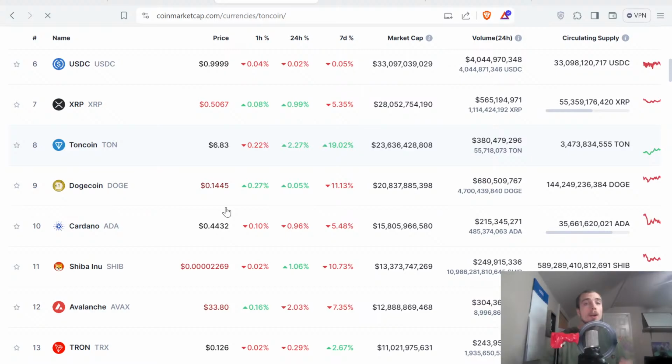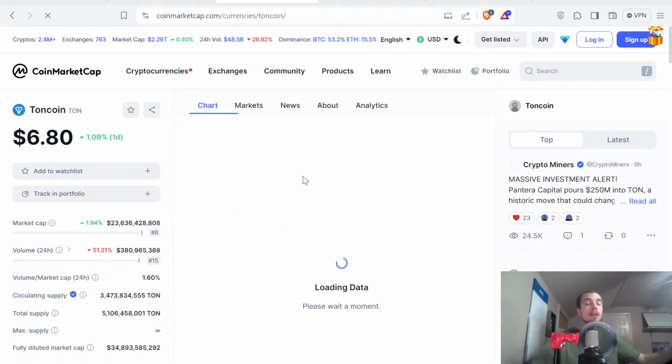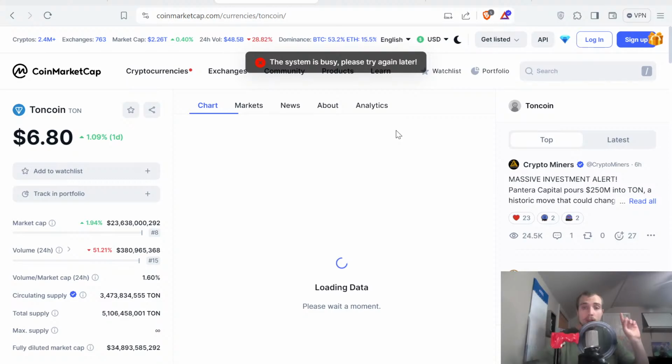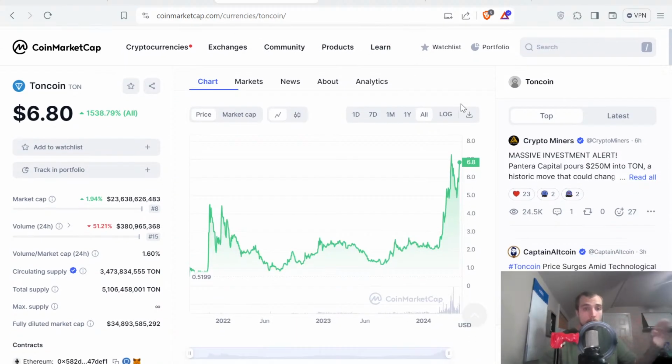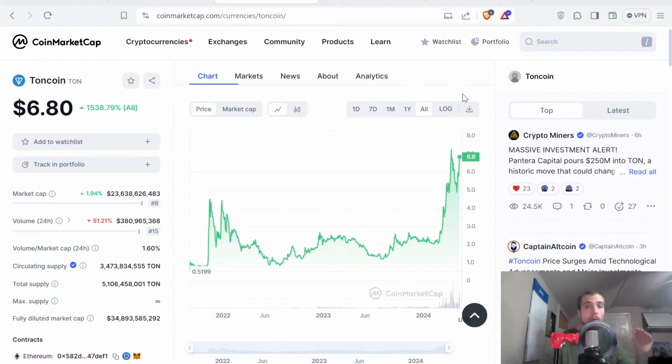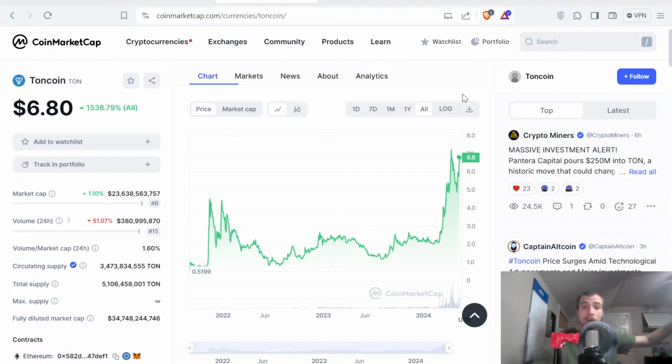Now, the other one I want to talk about is Toncoin. I haven't made a video about this one in a while. But if I wanted to pick more of a lower risk, but still a very high reward, it would definitely be Toncoin. This one's low risk, very high reward. So if you want one that's more of a safer bet, that's a bigger platform, but also a new one, it's not like Ethereum, it's not like it's been here for a long time, Toncoin would be number 3.